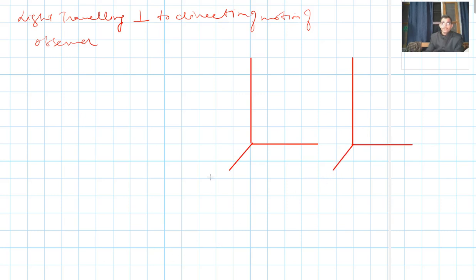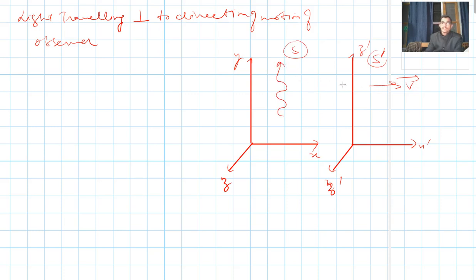So it is the z-axis, x-axis, y-axis, and here the z prime axis, x prime axis, y prime axis. The S prime frame is traveling along this direction, and here it is the S frame. Say a light is traveling along the y-axis, perpendicular to the direction of the observer.